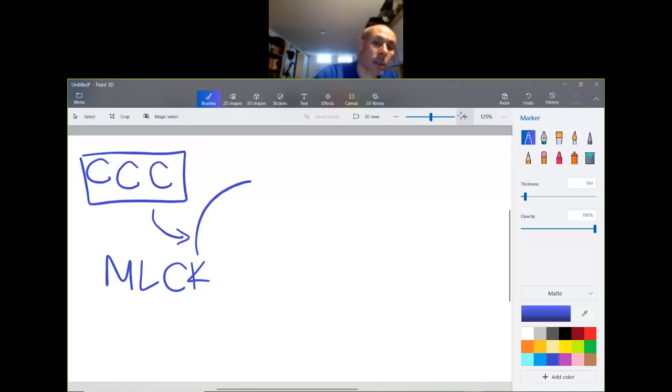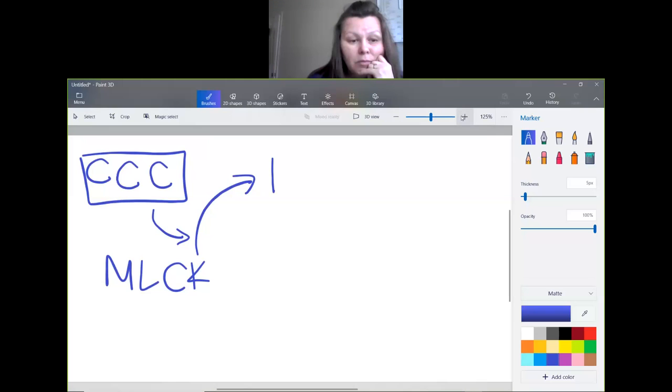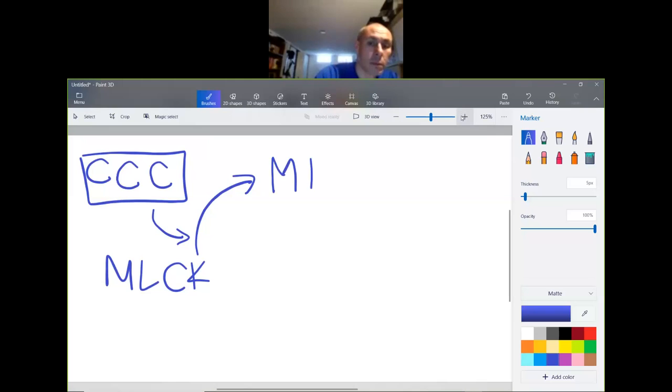So MLCK gets activated. The asterisk shows that it's activated.